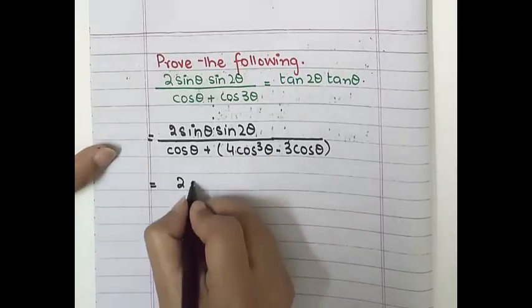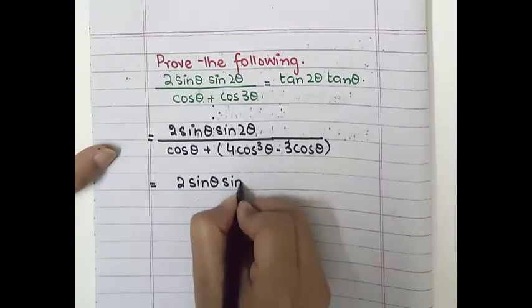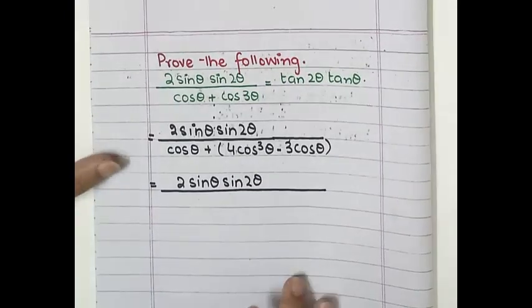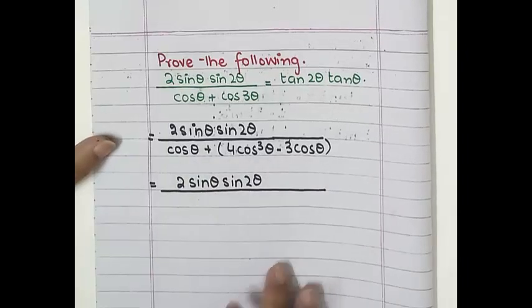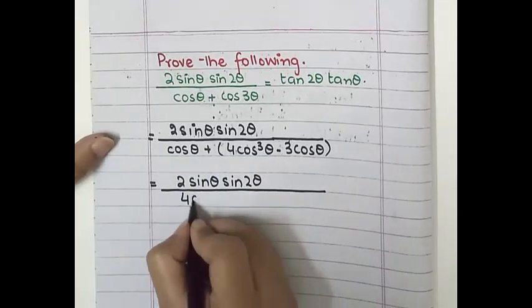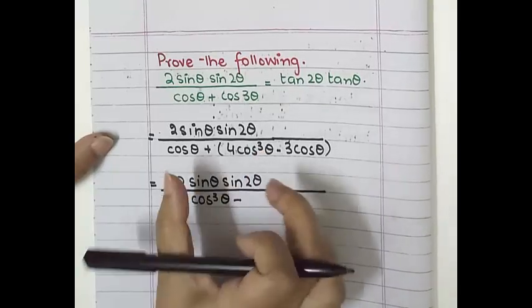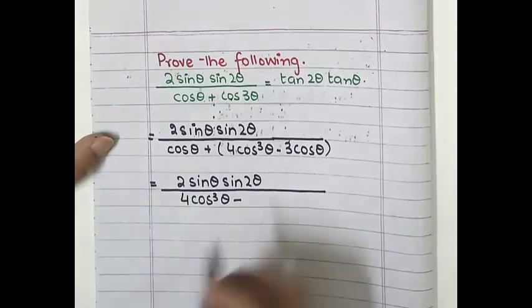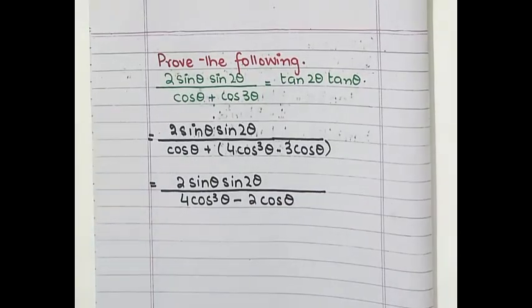So here we have 2 sin theta sin 2 theta divided by cos theta, minus 3 cos theta, which is equal to 4 cos cube theta written as it is, and subtracting these two terms we have minus 2 cos theta.